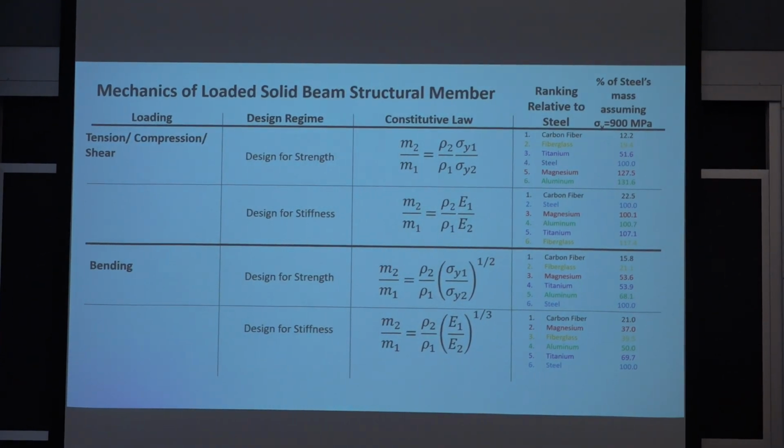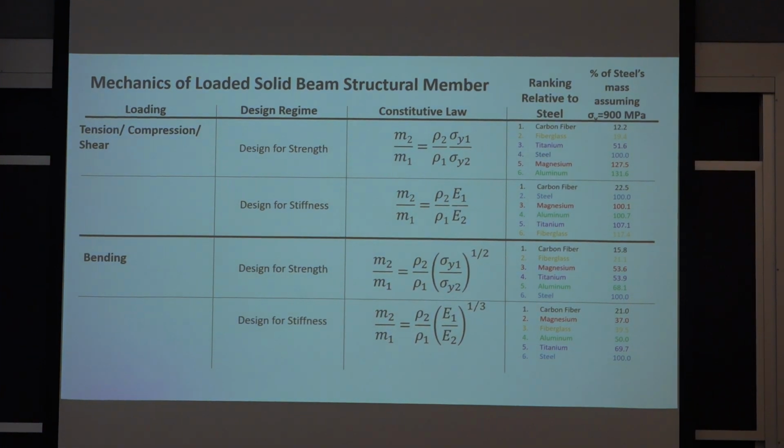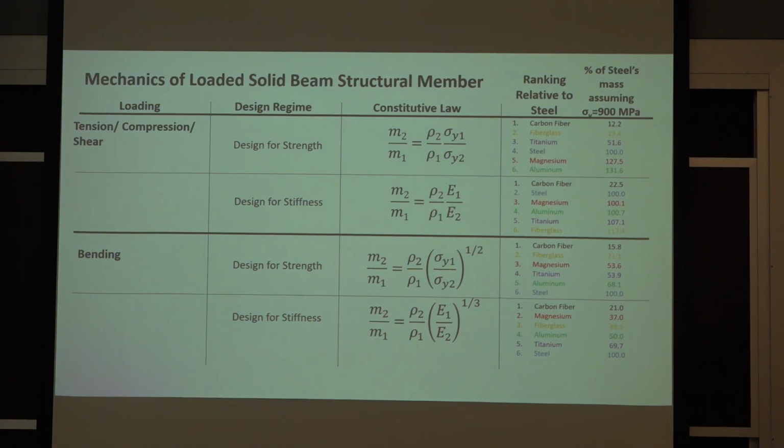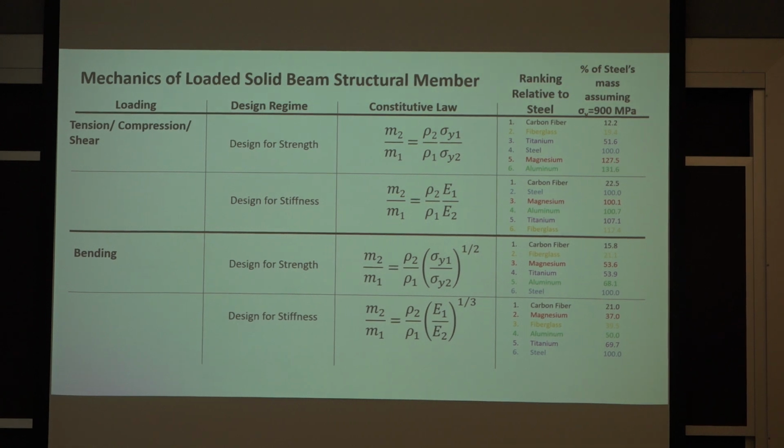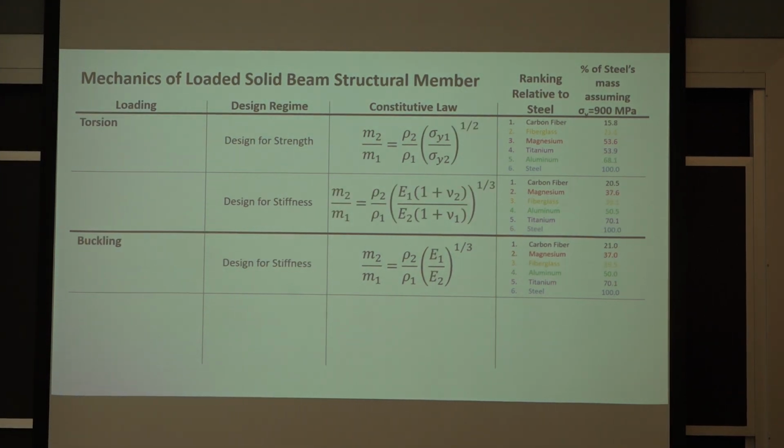That's when things become very different. Once you get under bending or torsion or buckling, it's very hard to beat aluminum. Steel goes to the bottom very quickly once you put in that nonlinearity. So this is a table for a solid beam. And here are the rankings also for torsion and for buckling. Again, steel comes out on the bottom.